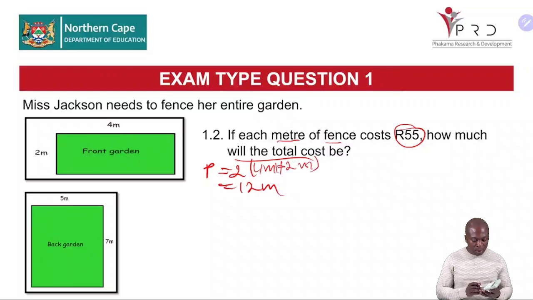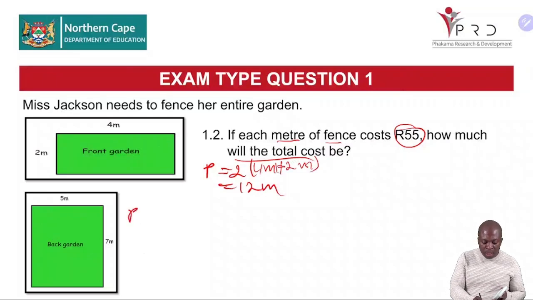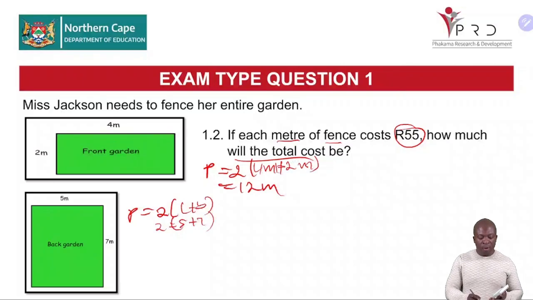Again, take the calculator and confirm. Let's press 2 open bracket 4 plus 2 close bracket, and we get 12 meters for the first one. Then the second one, we said P equals 2 into bracket L plus B, which is 2 into bracket 5 plus 7. 5 plus 7 is 12. 12 times 2 is 24, but let us confirm.